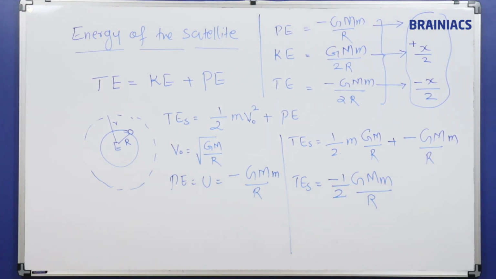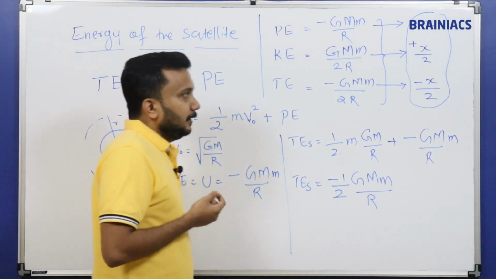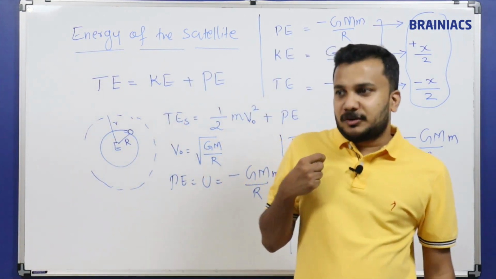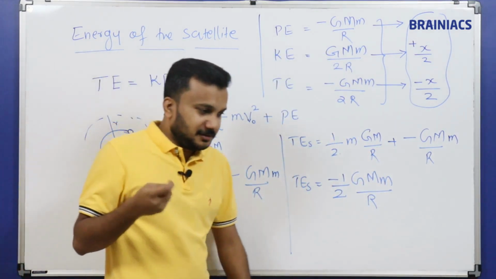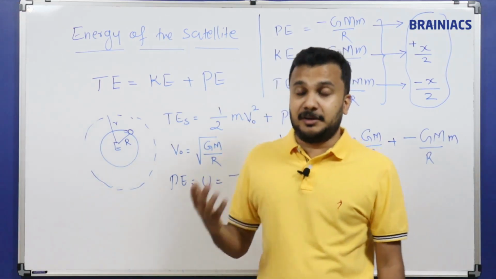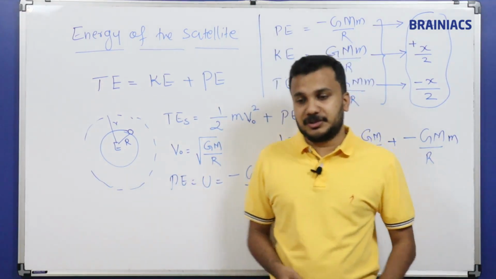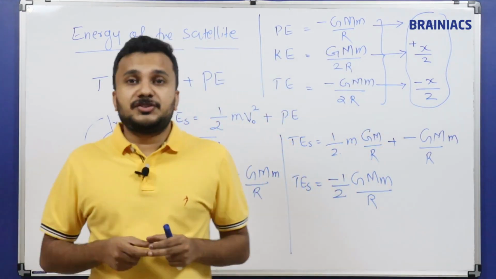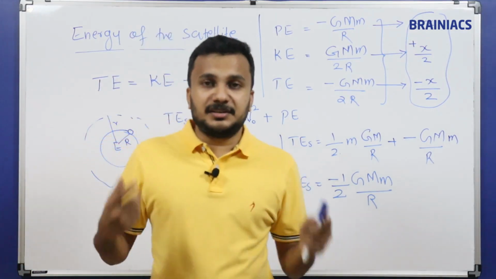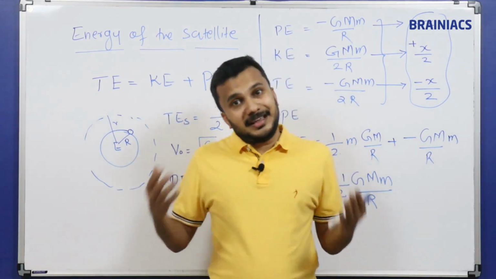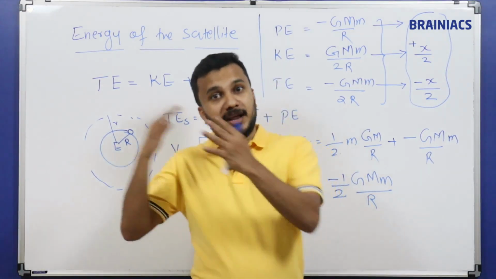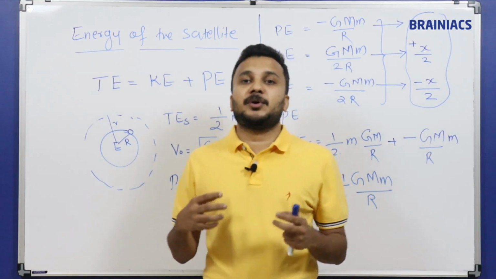So why is the total energy negative? Here we see that the total energy of the system is negative. There is one concept you may hear in the smaller classes, and we will study it in detail when we go for higher studies. If the total energy of a system is negative, then it is called a bounded system. A bounded system means if you want to take it from one boundary to another, you have to apply certain energy.